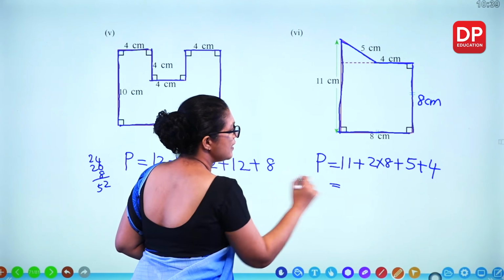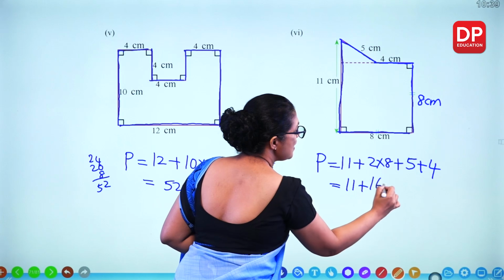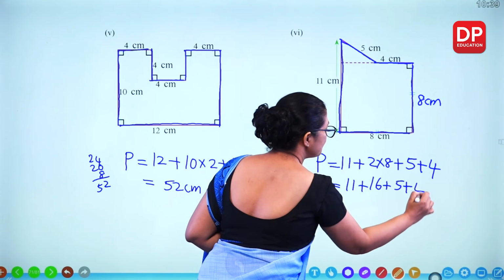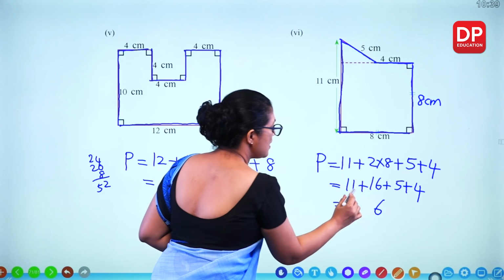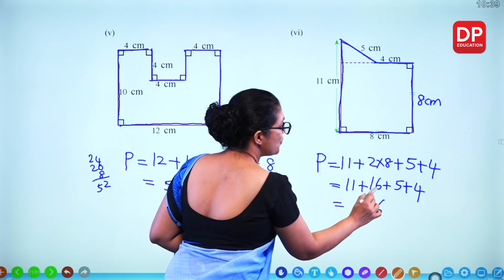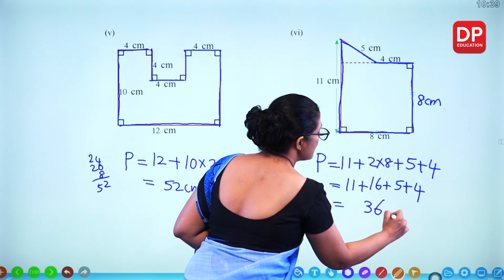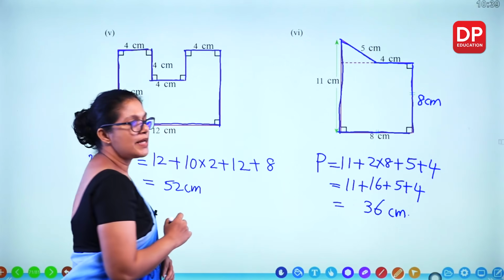Now add it together. 11 plus 16 plus 5 and 4. 16, 1 remaining, 2, 3. So 36 centimeters for the perimeter.